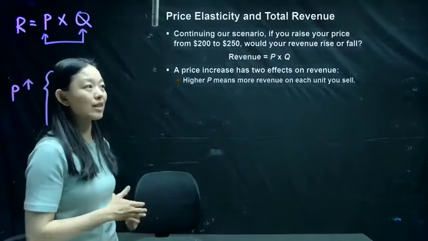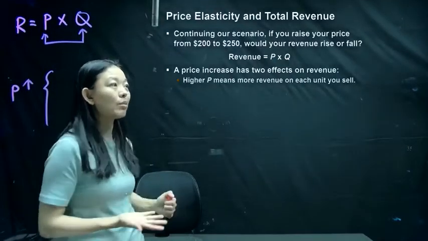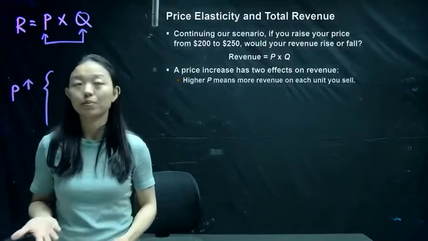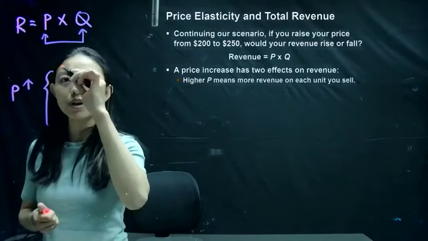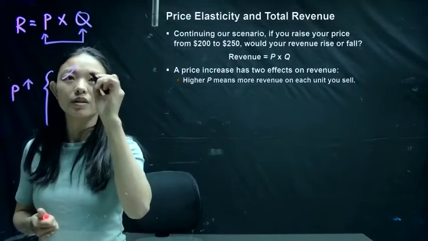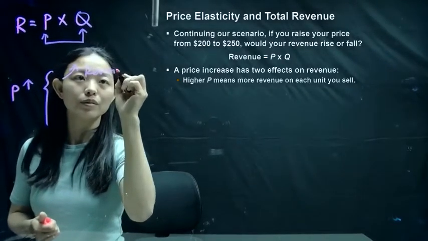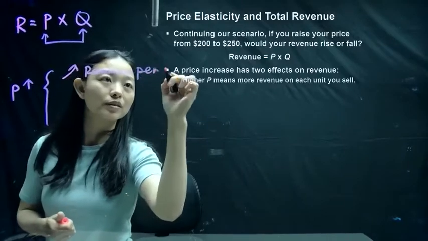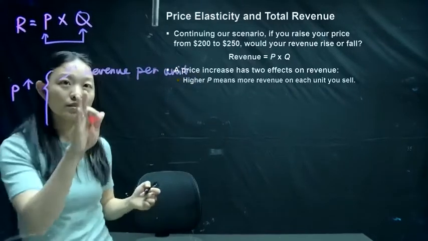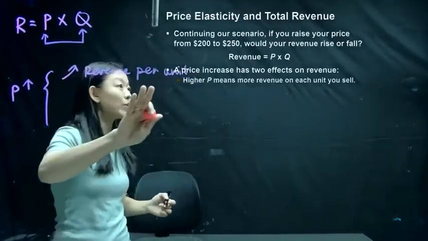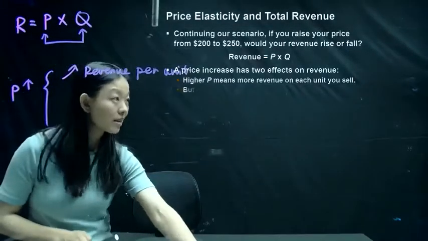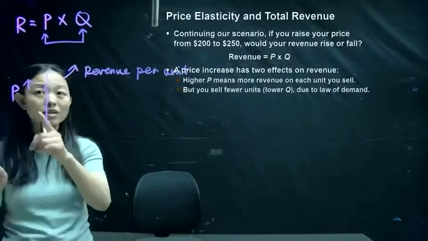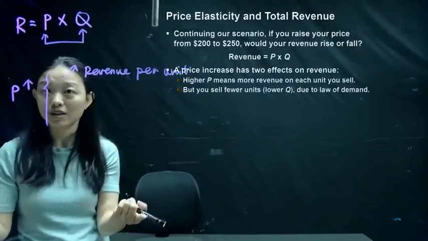The first impact is that the higher price will probably bring more revenue per unit you sell, right? So the price increase might increase the revenue per unit you sell. However, it will also have a negative effect because with the price increase, you will sell fewer products, right?